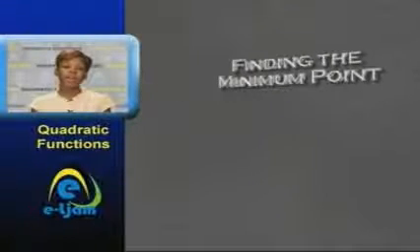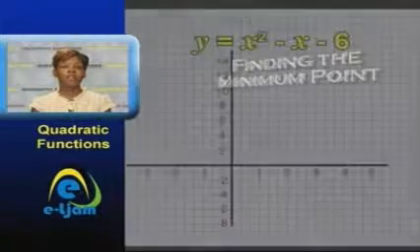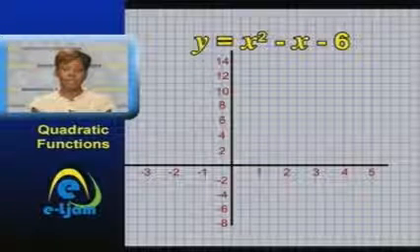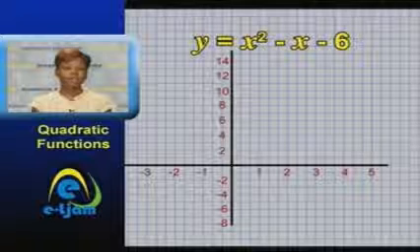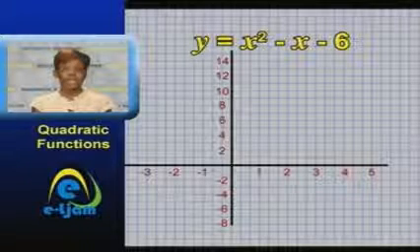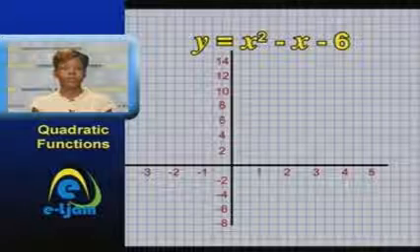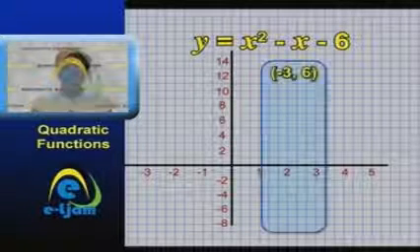What if the curve had a minimum turning point instead of a maximum turning point? Let us look at the graph of the function y equals x squared minus x minus 6. Just as before, we obtain values for the domain x and calculate corresponding values for the range y. Let us look at the table showing the domain and range.